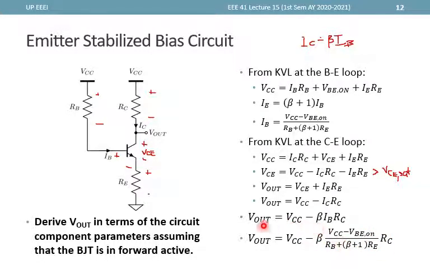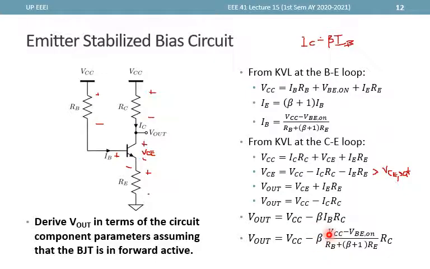Now how come this one is better? Since beta is large, even if beta would change by a little bit, it would still remain large, and this beta here and this beta here must be exactly equal.